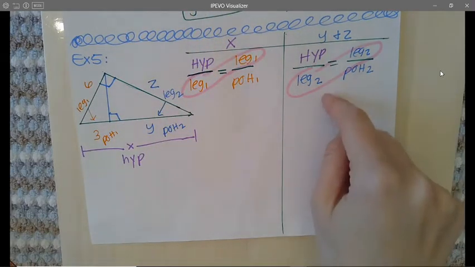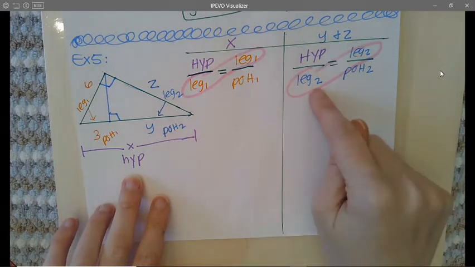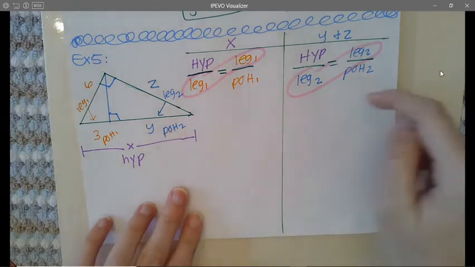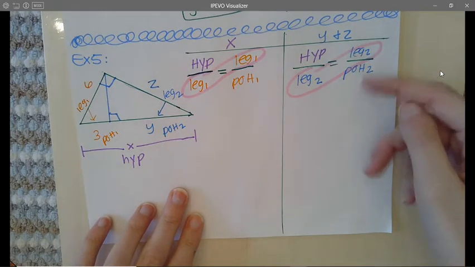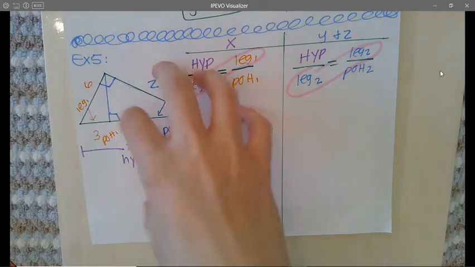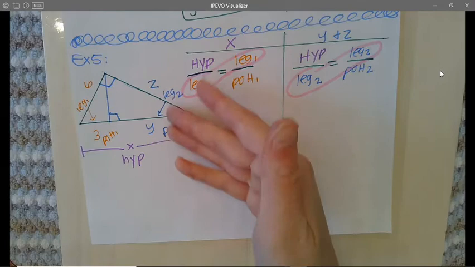If I try to set up the other one, I'm going to have the hypotenuse, X, over leg 2, which is Z, equals Z over piece of hypotenuse 2, which is Y. So I have X over Z equals Z over Y. In this one, I don't have any of my variables, which means I cannot start solving that one yet. So I'm going to have to use the first one, and after we solve for the hypotenuse X, that will help me to find Y and Z.